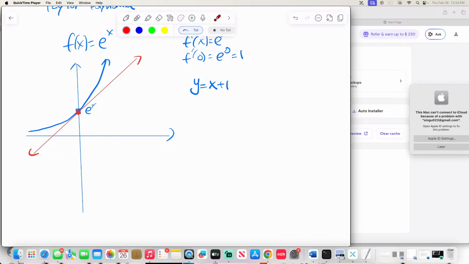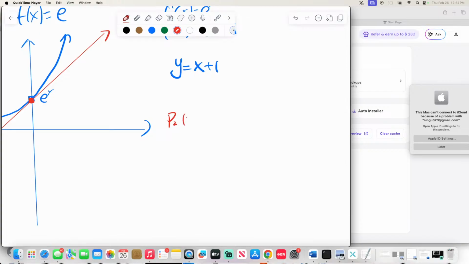The way to think about it is, if I take an integration of this one, it's going to give you x squared over 2 plus x plus c, right? And then we can figure out what c is by plugging in 0, and c is going to be 1. So here we can do a second approximation. The second approximation will be 1 plus x plus 1/2 of x squared. So this is p2 of x.